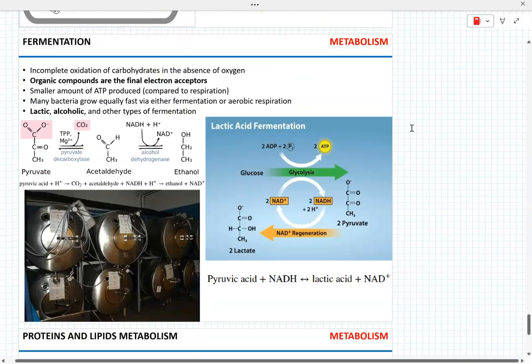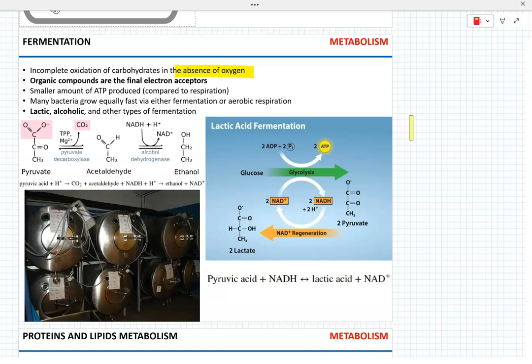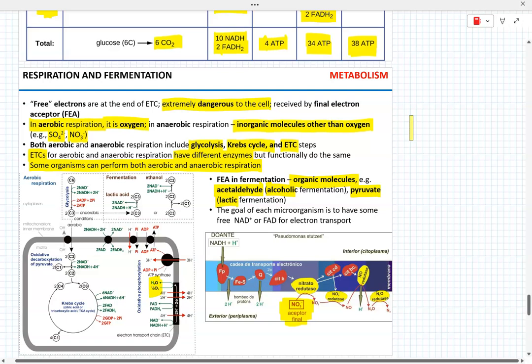So fermentation occurs in the absence of oxygen, and it's an incomplete oxidation of carbohydrates. As we mentioned before, the final electron acceptors for fermentation are organic compounds. Fermentation produces a much smaller amount of ATP than respiration, and speaking of respiration, if we compare the two, aerobic respiration always produces more ATP than anaerobic.